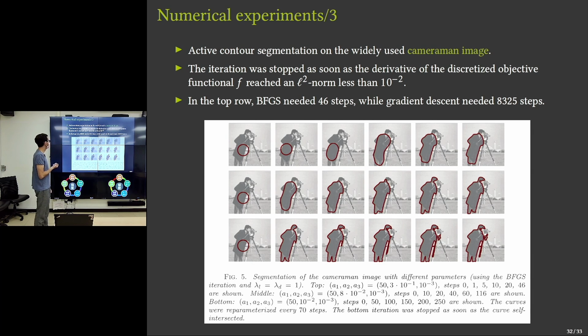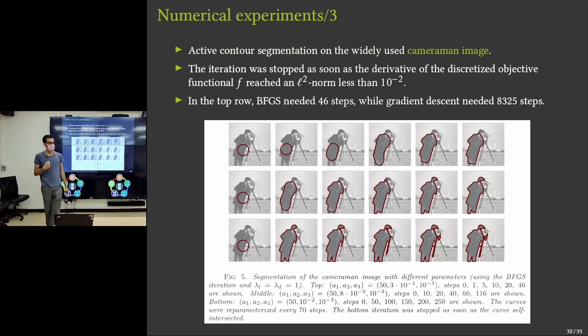And actually the norm of the gradient, so the derivative of the discretized objective function, is not even that small. The tolerance, the stopping criterion, is at 10 to the minus 2. And these are all experiments with BFGS, these three rows, and all for lambda L equal to lambda D equal to 1.